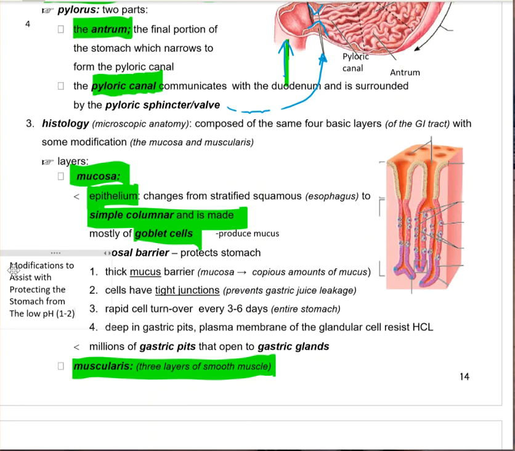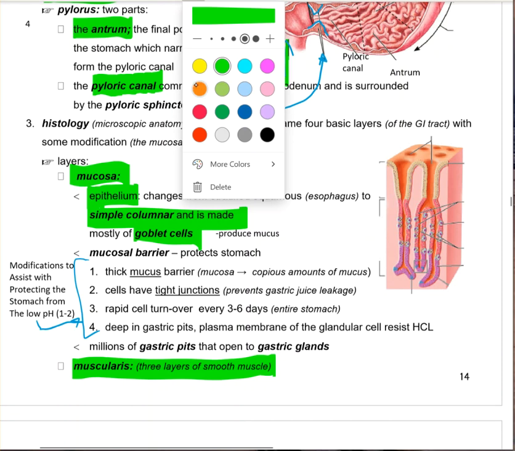So why do the cells of the stomach survive? Well, these are the 4 reasons right here. These are the modifications that we see in the stomach that will allow the stomach not to become destroyed. So the first is what we were just talking about. Let me put these in a different color here.